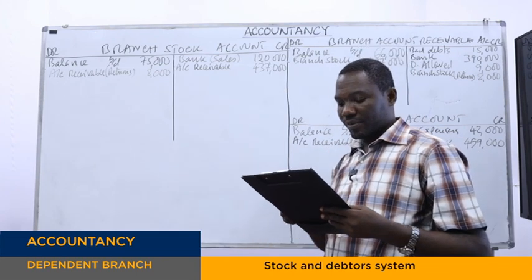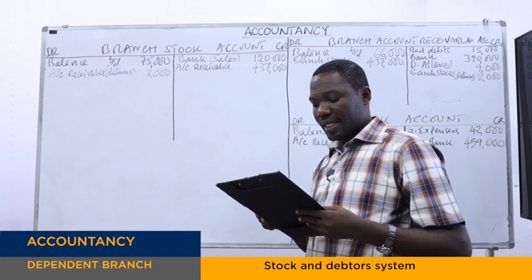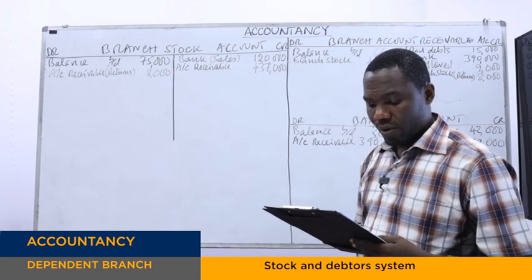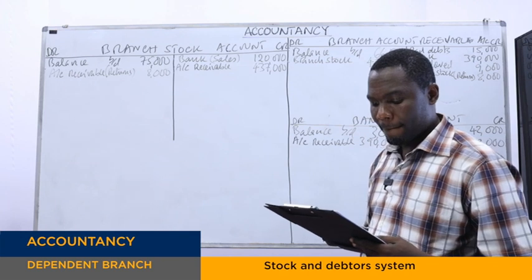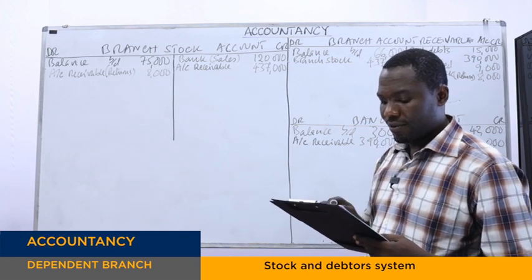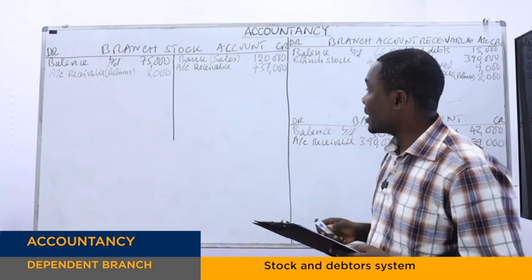Then the next item was goods returned from the branch. So this is a return from the branch to the head office, 30,000.